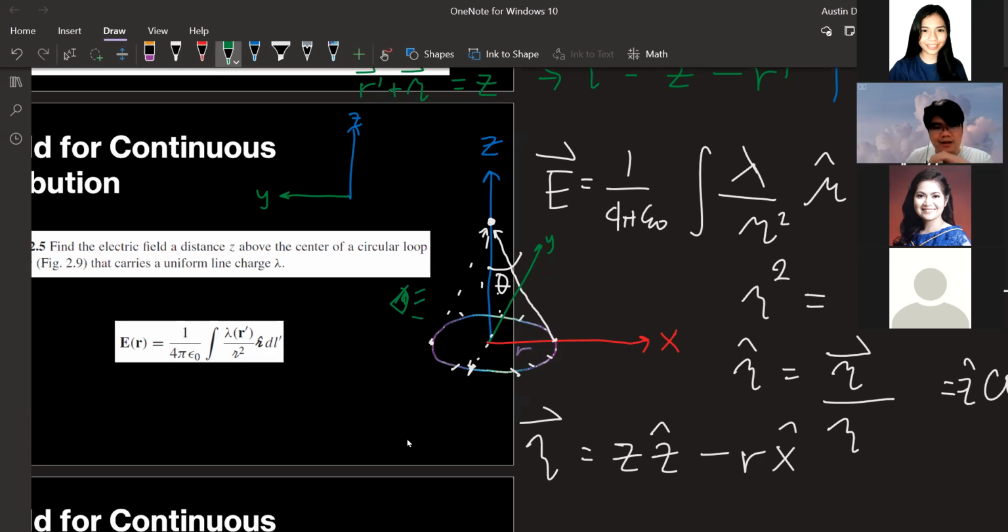Titingnan natin siya ngayon dito. At this side, makikita mo na yung problem stays the same, di ba? Ganyan pa rin yung problem. And then yung mga y component mo, yung horizontal component mo, will just be zero out, di ba? Will just zero out. Ayan. So nakakalito yung ano.